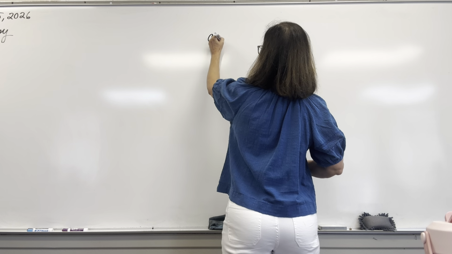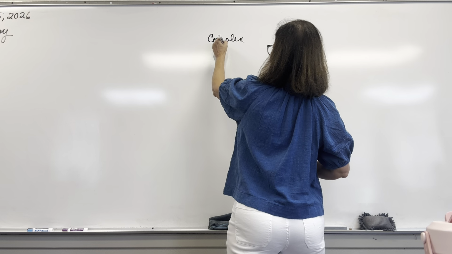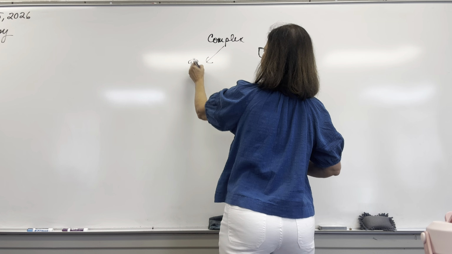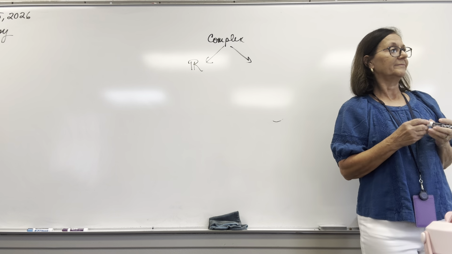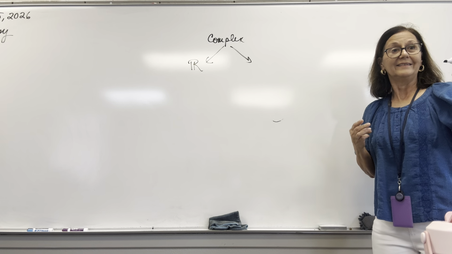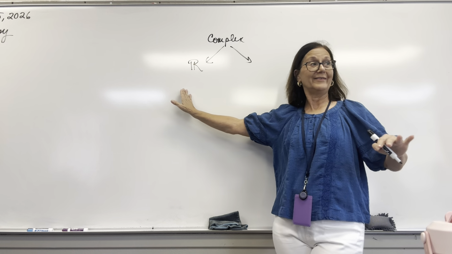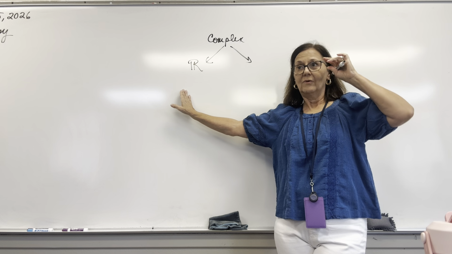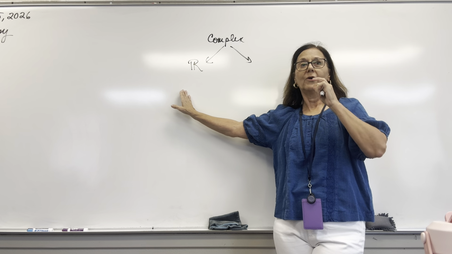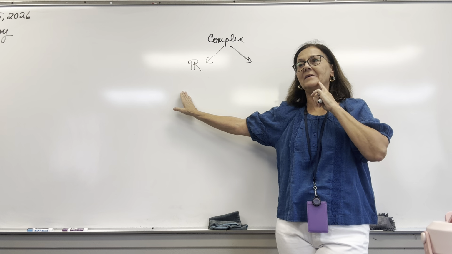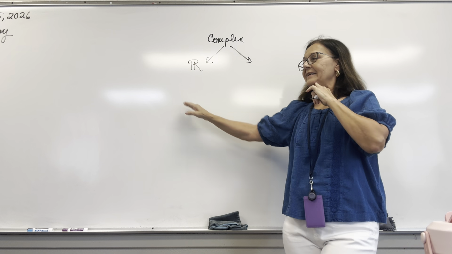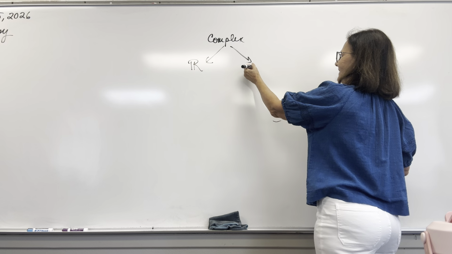In the complex numbering system, we have real numbers, and what's the only one that's not a real number? Oh, irrational is a real. There's only one of them. If it's not real, it's imaginary.